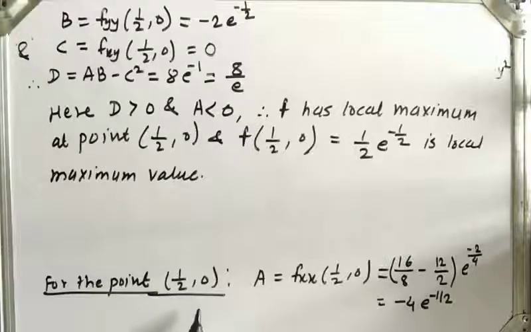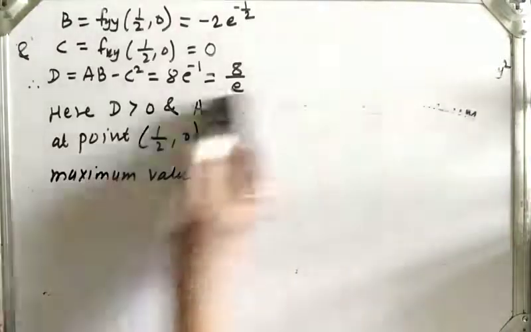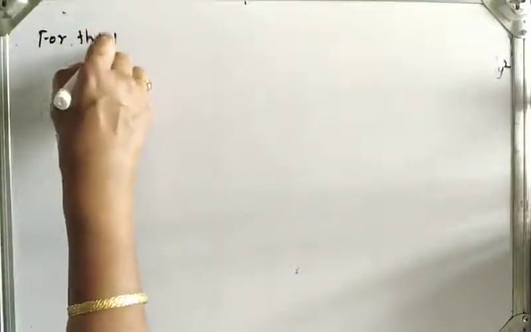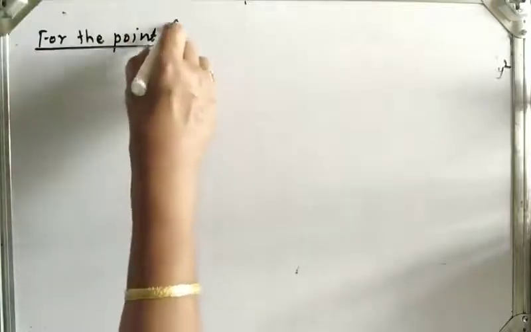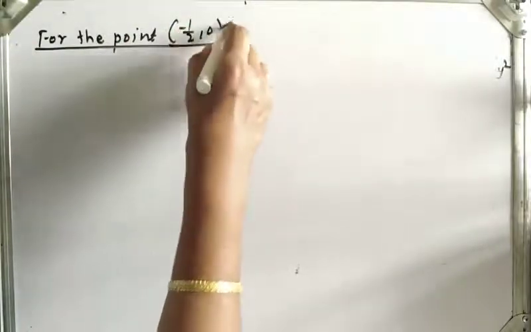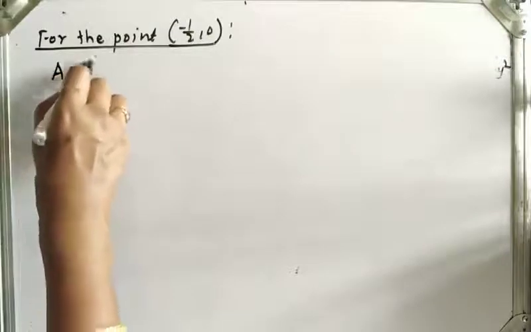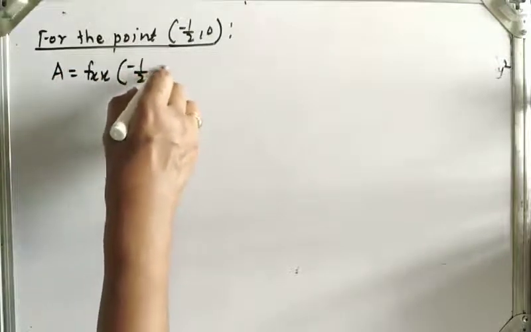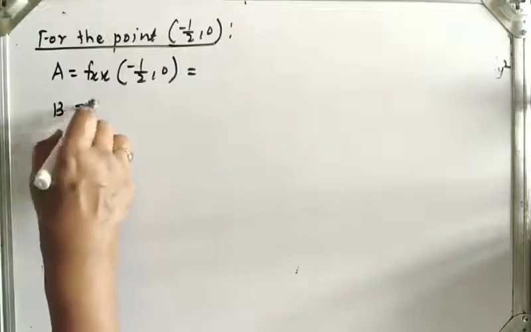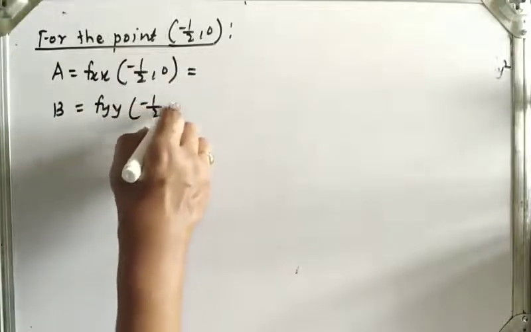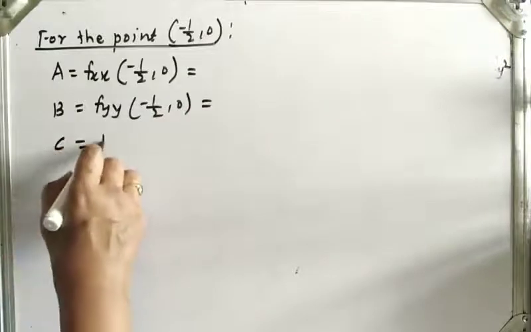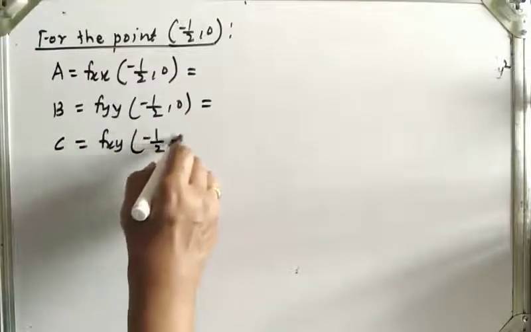Now similarly you can find out for the other critical point. What is that? The other critical point is (minus 1/2, 0). So let us find out for this critical point. A is equal to f of xx at (minus 1/2, 0), B is f of yy at (minus 1/2, 0), and C is f of xy at (minus 1/2, 0).